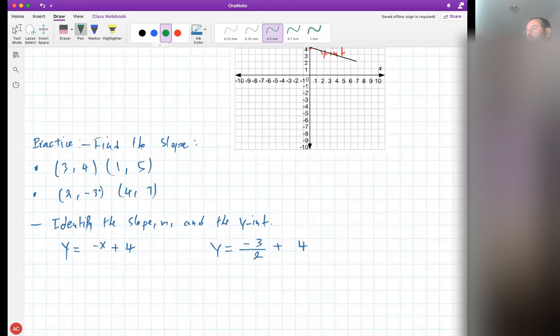First, identify means just write them down. What is M, what is B? And graph, actually, I forgot to graph. Identify the slope M and the y-intercept, then graph the lines.